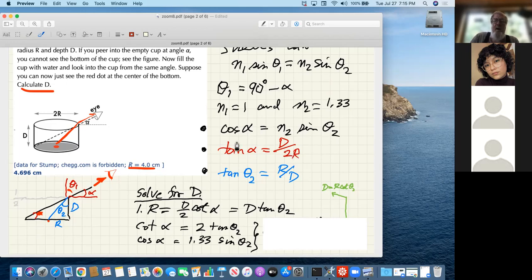If I bring R up here and I put tangent alpha down here, I'll have R is equal to D divided by 2 tangent alpha. 1 over tangent alpha is cotangent alpha. So this equation, by a little bit of algebra, multiply both sides of the equation by R, divide by tangent alpha, I get R is D divided by 2 times cotangent alpha.